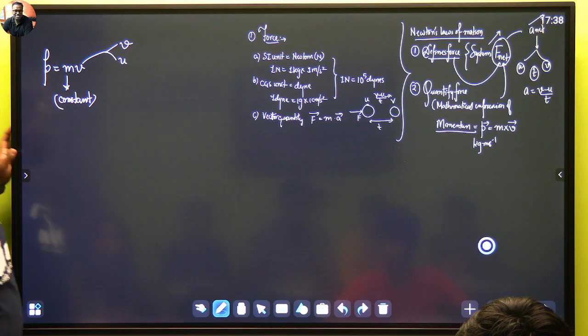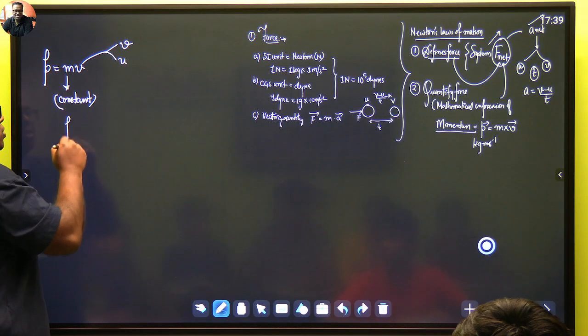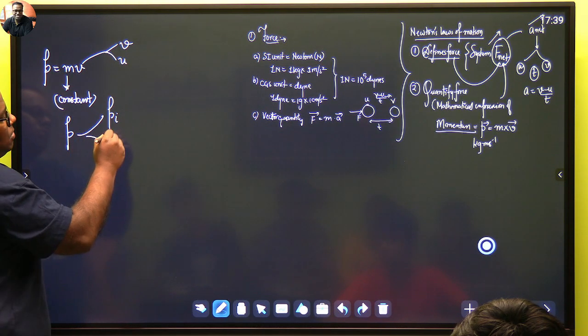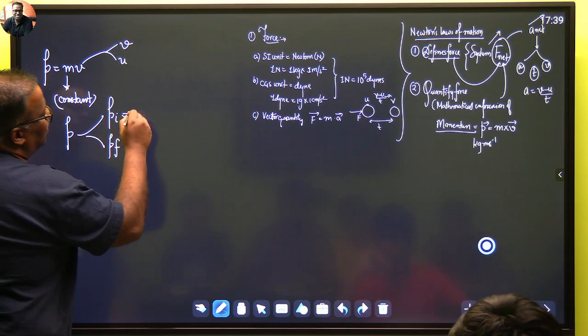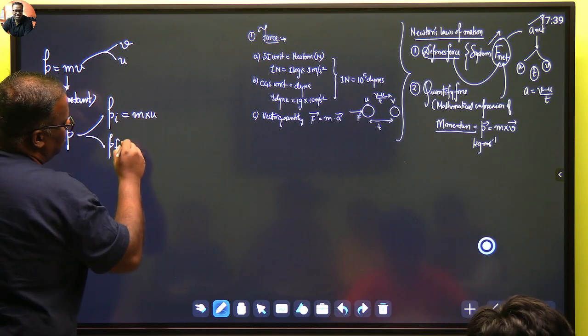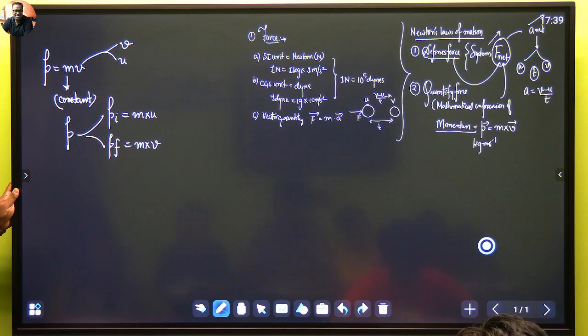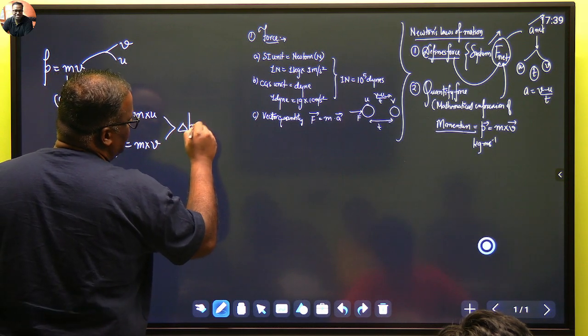If the velocity changes into v and u, then definitely the momentum also cannot be the same. The momentum should also change to something called an initial momentum and a final momentum, where my initial momentum will be given as mass into initial velocity, and final momentum will be given as mass into final velocity. From these two we get one more thing, which we call delta p, which is the change in momentum.